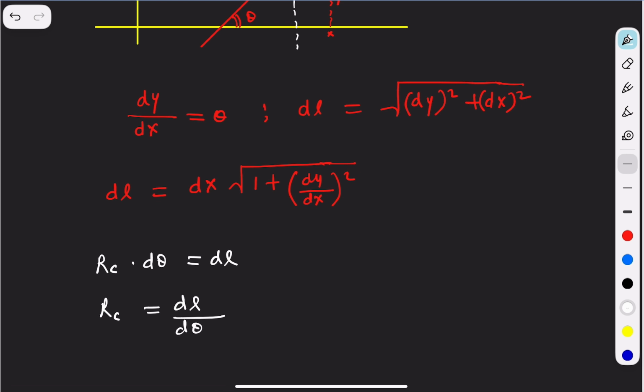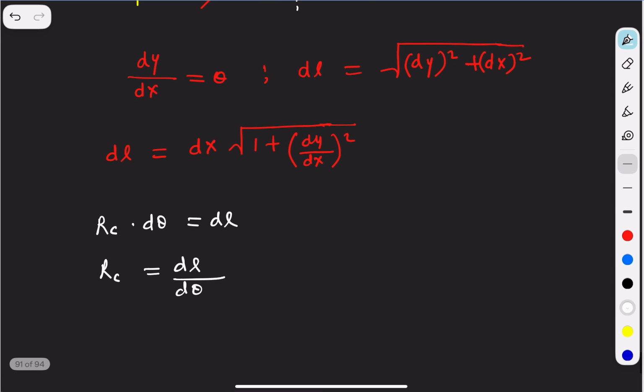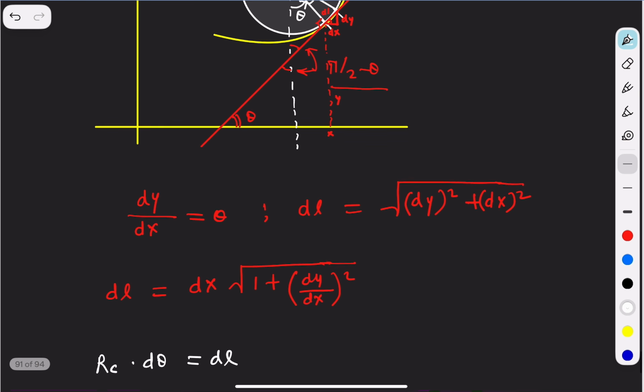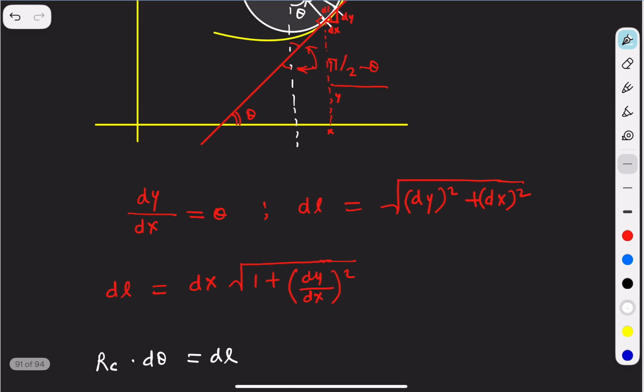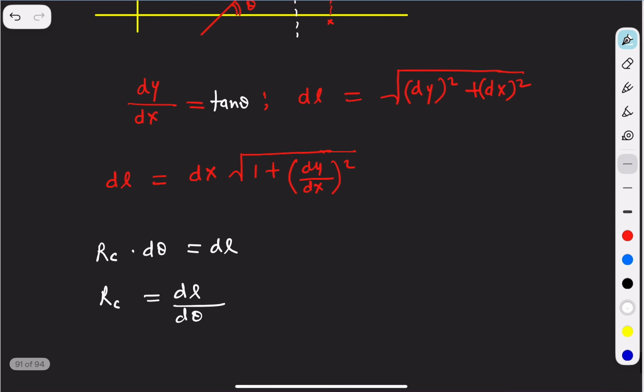Okay, now here I have made some mistake. This should be dy by dx equal to tan theta. So that's my bad. This will be tan theta. So now what do we need?